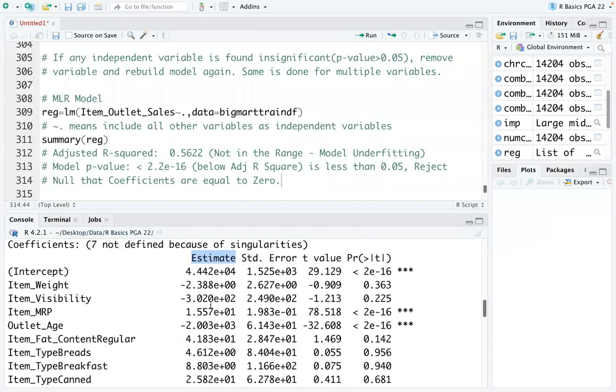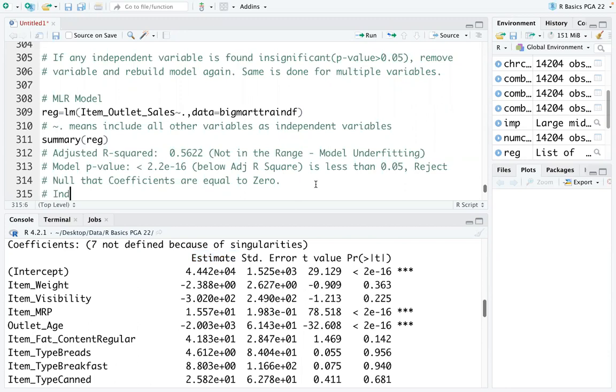These are the coefficients. None of these coefficients are equal to 0.